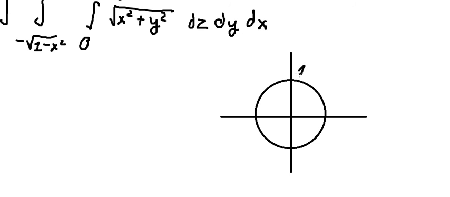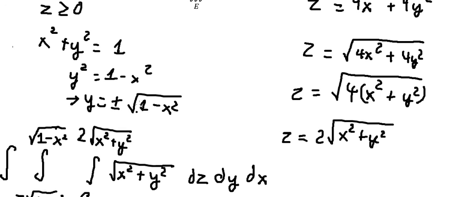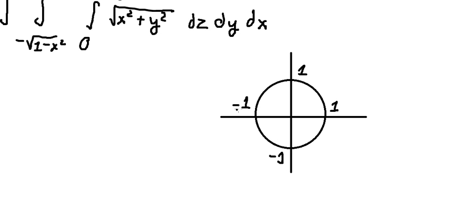So we have 1, negative 1, negative 1. The center of this circle is 0, 0. The radius is 1. So we see that the bounds of x should be from negative 1 to positive 1.